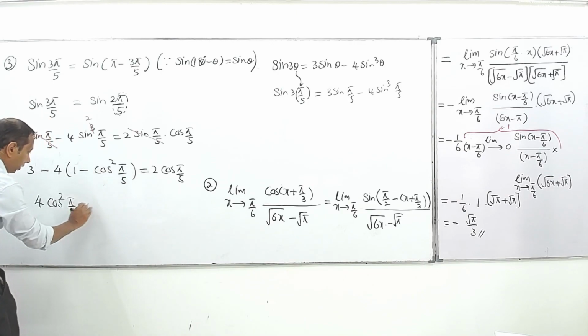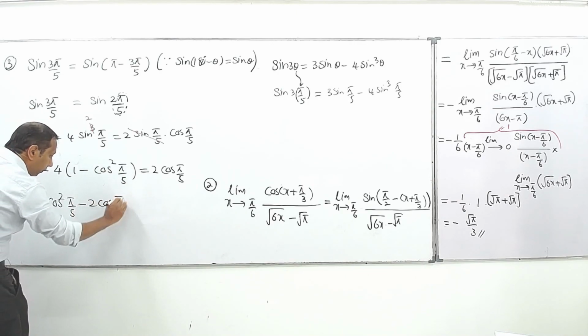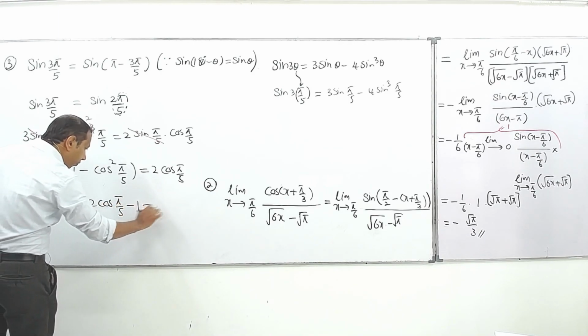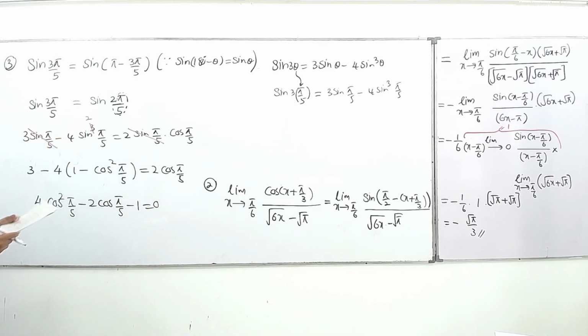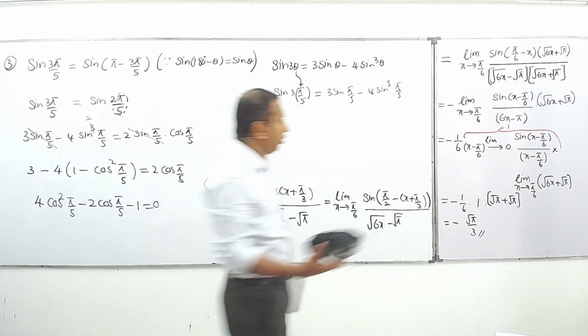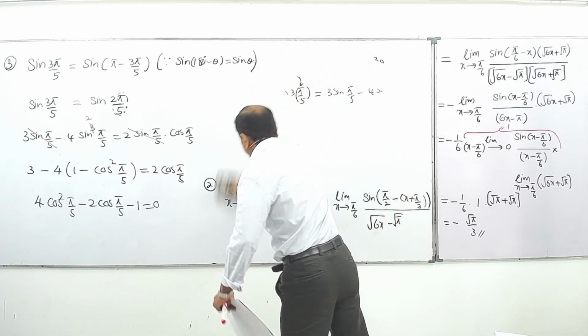Reduce this side, minus 2 cos pi by 5. And then here we get minus 4 and plus 3 is minus 1 equals 0. Okay. Now, we can find the two roots or two answers for cos pi by 5 by using the quadratic formula, right?